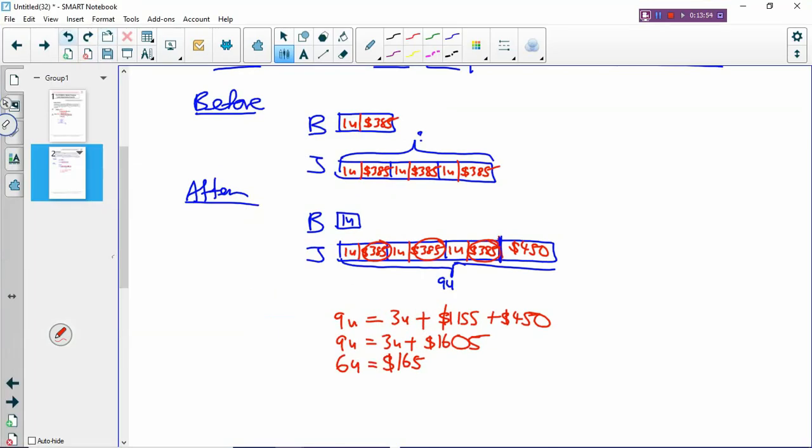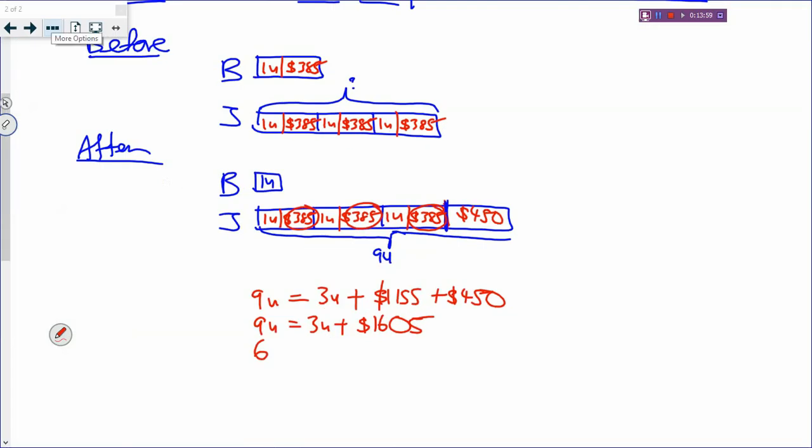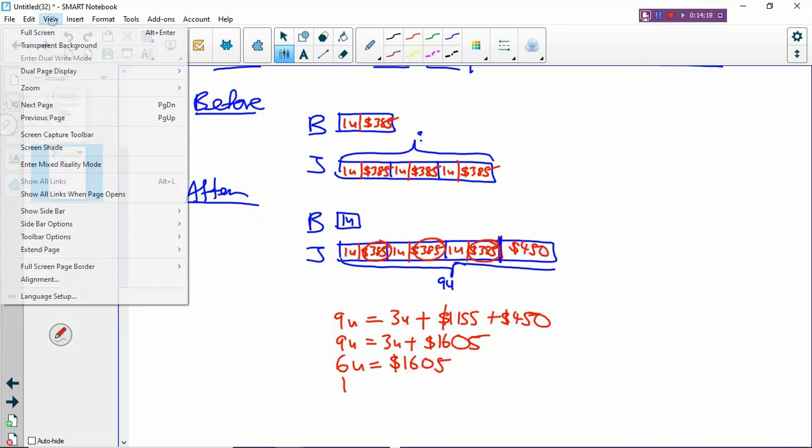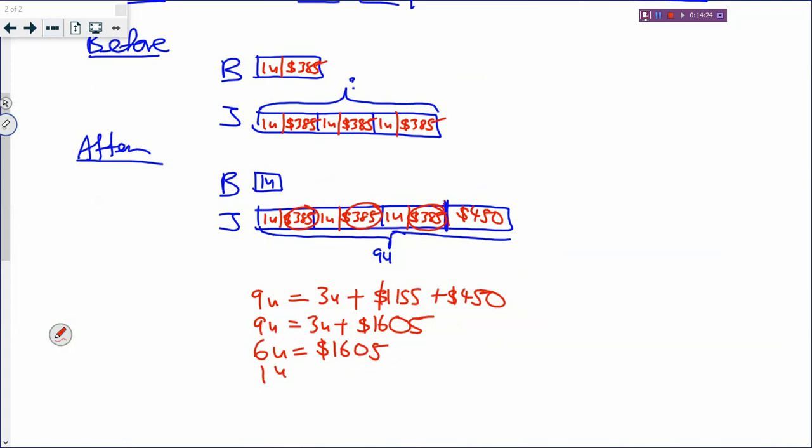Okay, let me just erase that, and let me just write again. Alright, so you have 9 unit minus 3 unit, you get 6 unit, which is $1,605, and then you divide by 6, and you get 1 unit. So 1 unit will be $267.50. Okay, so let's write down. 1 unit will be $267.50.